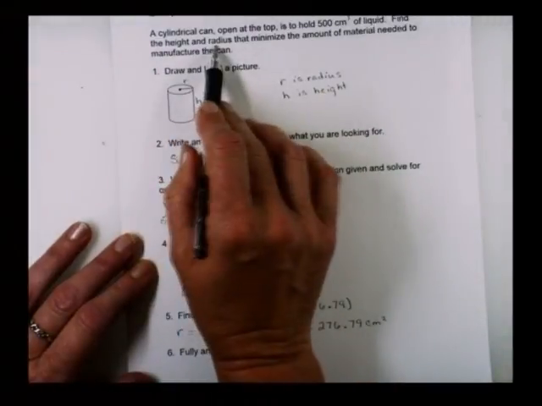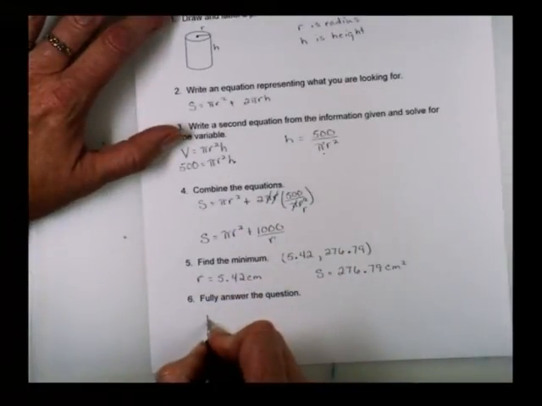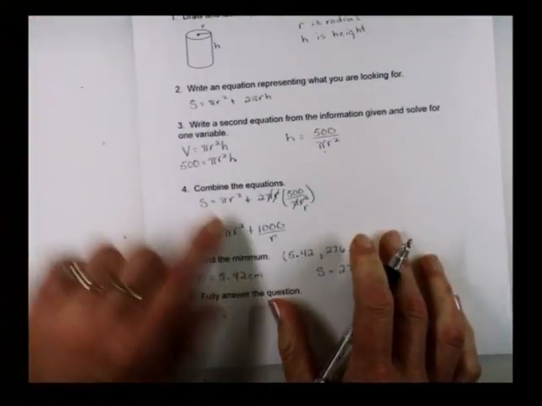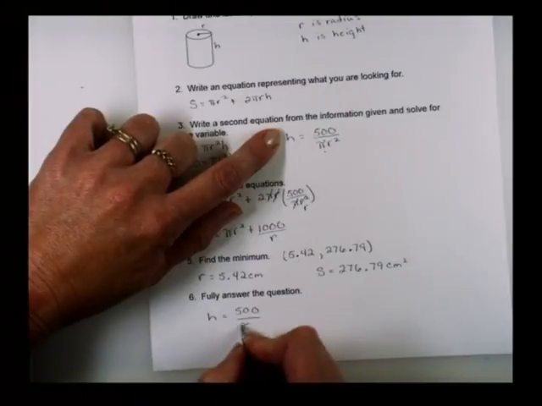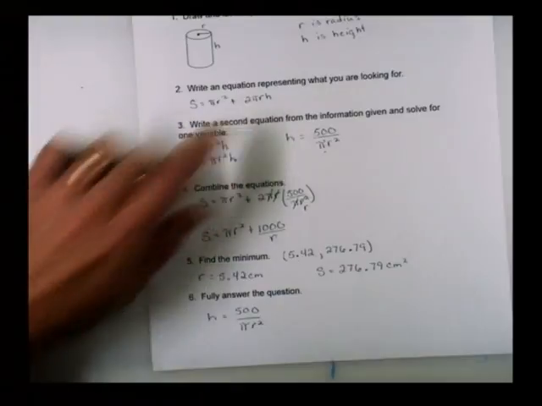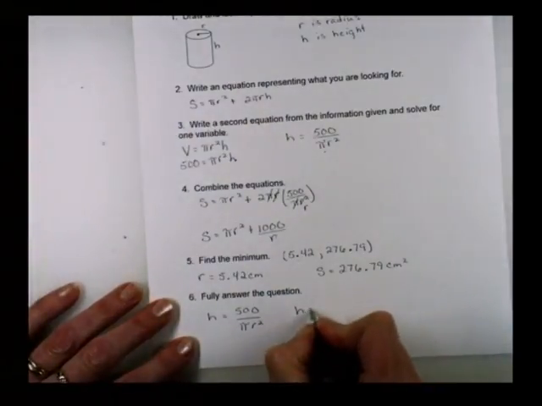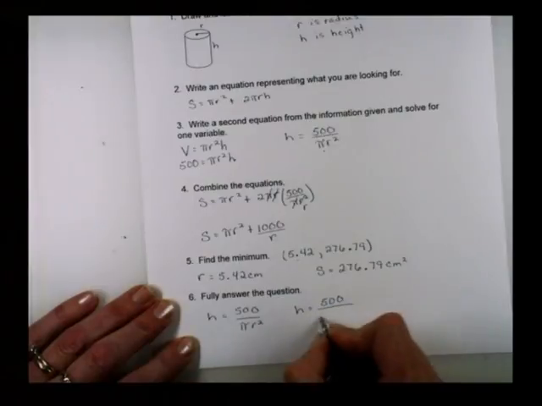Find the height and radius that minimize the amount of material needed. Okay, I'm missing a piece of that. I have the radius. I need the height. All right, height is equal to 500 divided by pi r squared. Okay, so we're going to plug in. Height is equal to 500, and of course this is going to be an estimate since we're rounding.